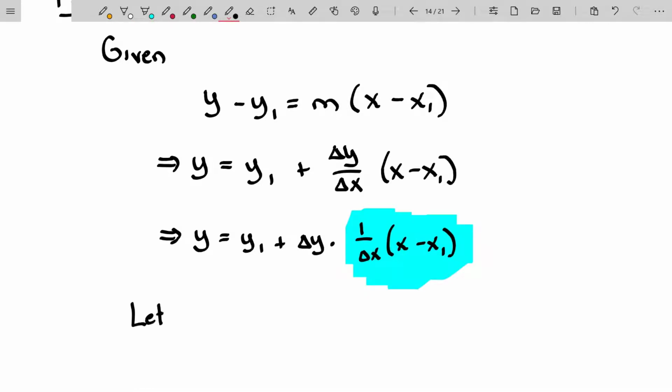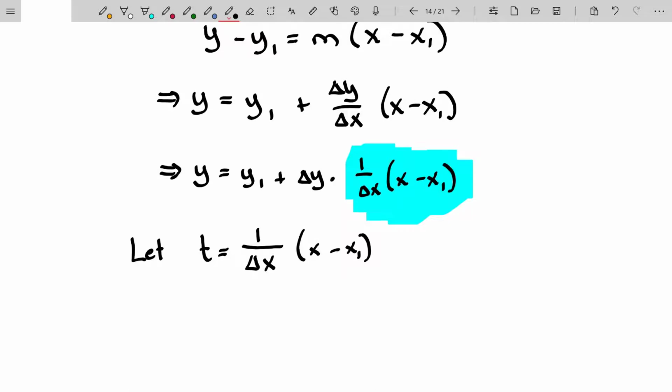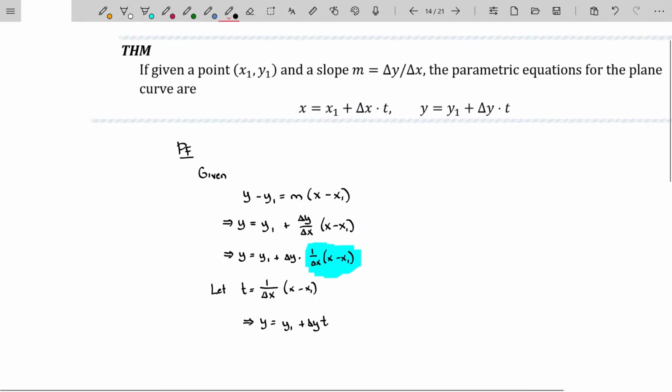Let t equal 1 over delta x times the quantity x minus x sub 1. Well, what does that mean now that we know what y is? So this would imply that y in parametric form is equal to y sub 1 plus delta y times t, which is what we wanted to get.